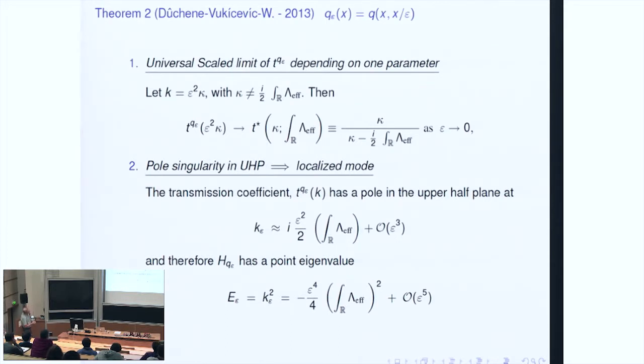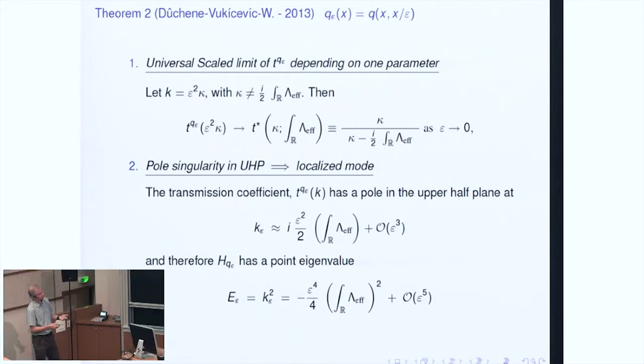You see over here that there's a pole in the upper half plane. That lambda effective is actually the negative of the effective potential. This is a positive quantity, so the pole is always in the upper half plane, and the bound state corresponds to the square of that once you undo the scaling. Once you square this pole in the upper half plane, you get the bound state that was asserted.